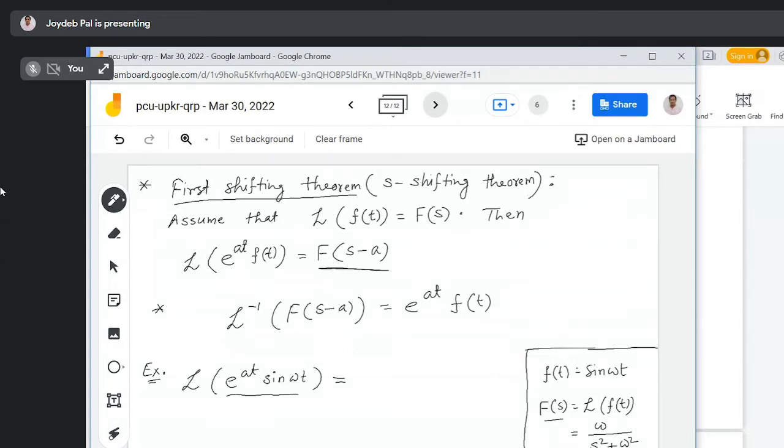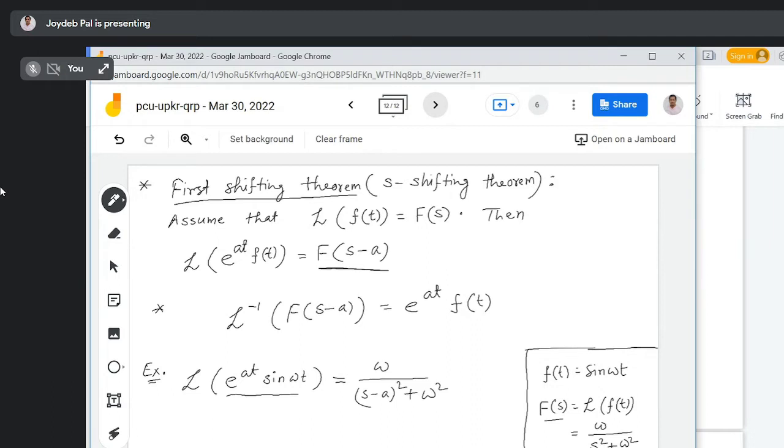It will be omega by s minus a whole square plus omega square. Are you getting this?